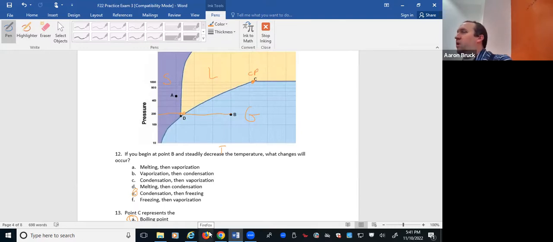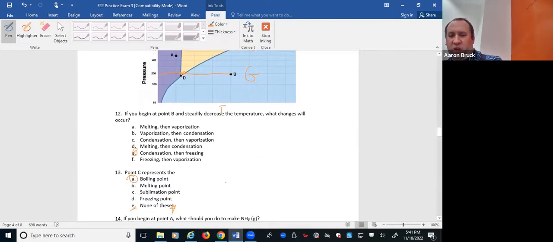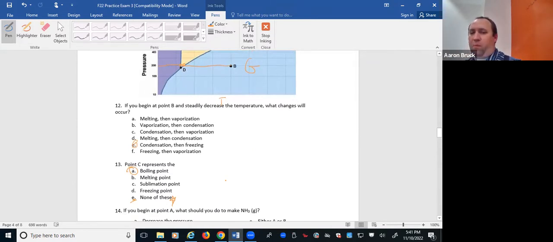And at the critical point, it's not really vaporization or boiling anymore. We've transitioned into that in-between phase of the supercritical fluid. So again, this is one of those where there were multiple possible answers. And so if a student chose E, I gave them credit for that as well, because that's the critical point also.